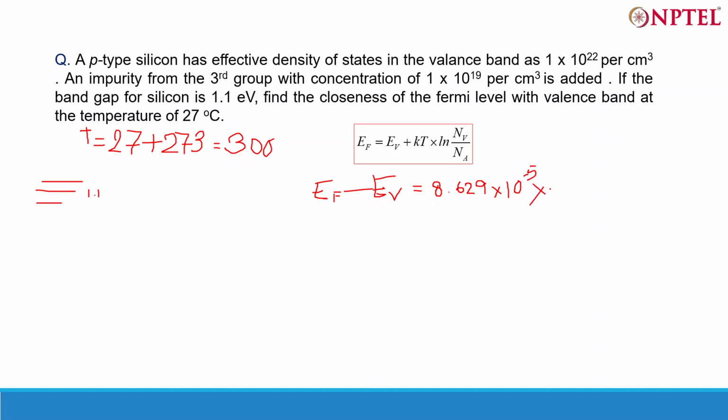T is 300. How much is NV? NV is basically the effective density of states in the valence band, that is 1 into 10 to the power 22 per centimeter cube. If the upper unit is per centimeter cube, then the units of the lower term should also be per centimeter cube. If it is not, then you have to change it to per centimeter cube. Okay, so everything is there, and this is ln.